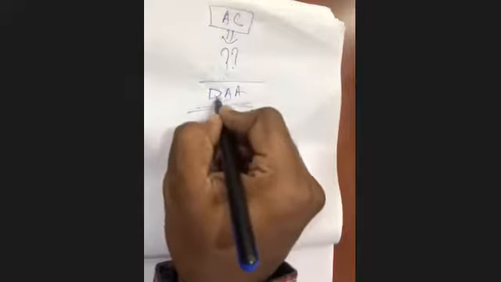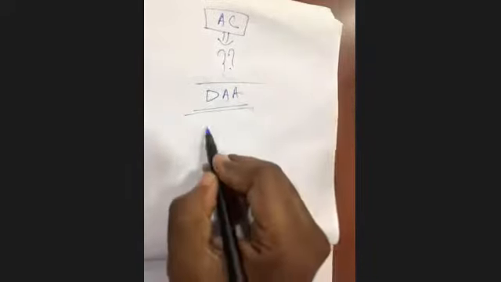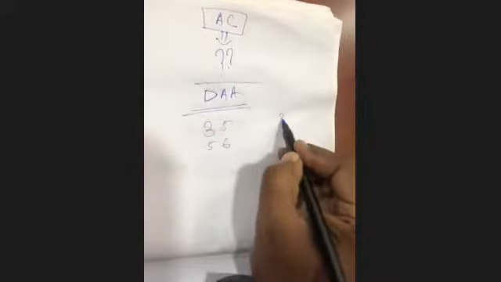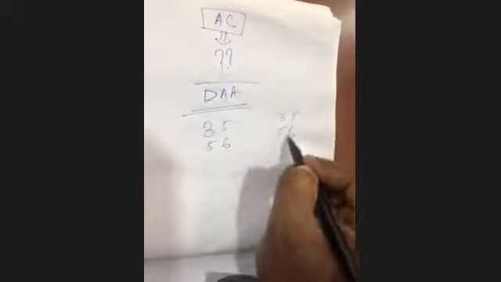The full form of DAA is decimal adjust accumulator. What does it mean? Sir, I want to add 35 and 56. What will be the result?